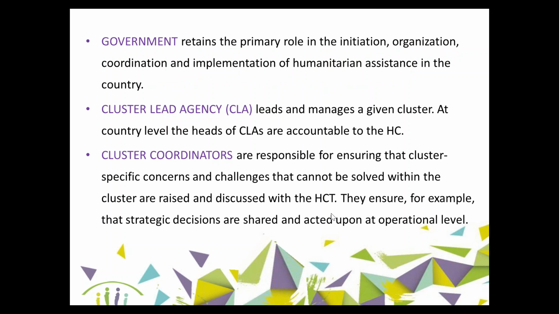There's also a number of areas that we need to consider, that the government retains the primary role in the initiation, organisation and coordination and implementation of humanitarian assistance. Cluster lead agencies manage any given cluster at a country level, and the heads of the cluster lead agencies are accountable to the humanitarian coordinator.